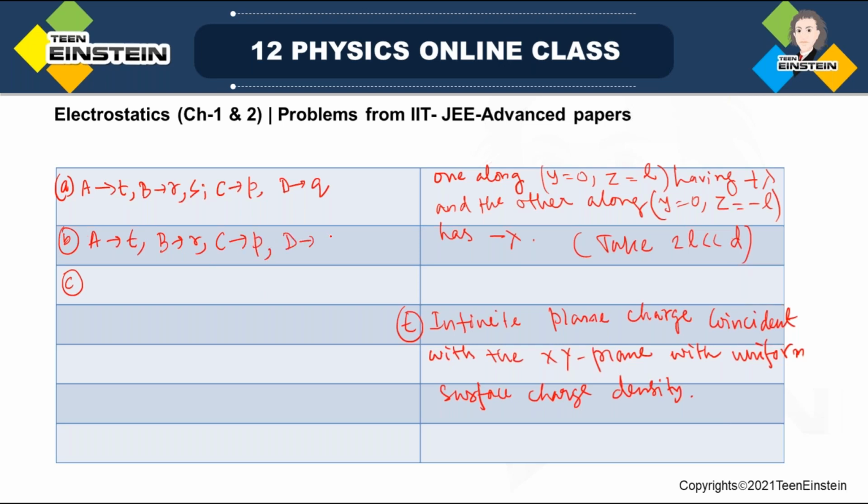The answer is very simple, but the question is very long. So you have to be a little patient to read the question and then answer it.